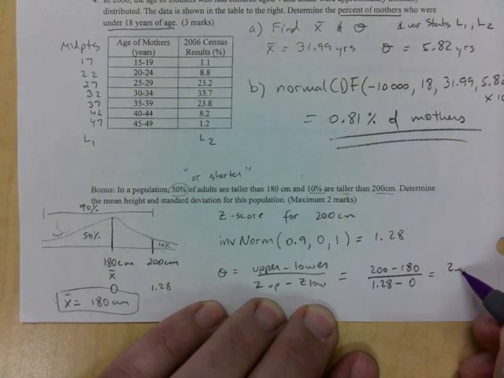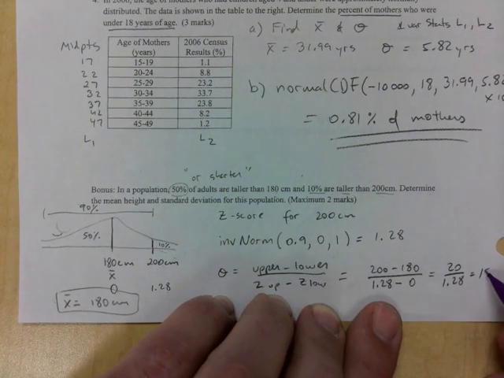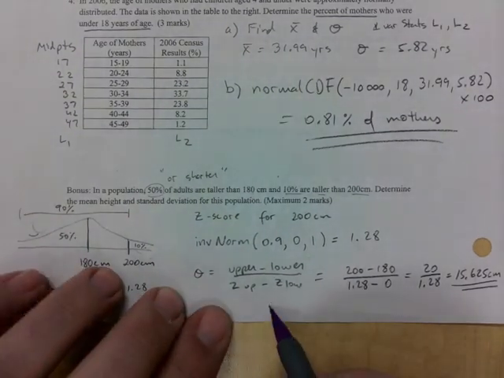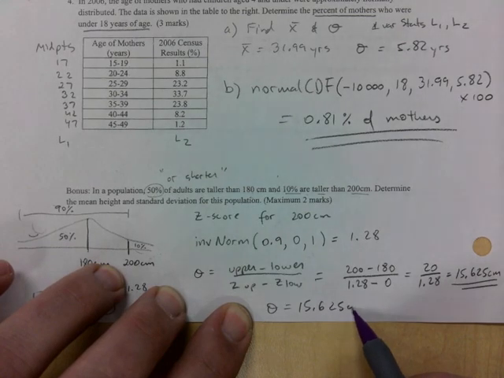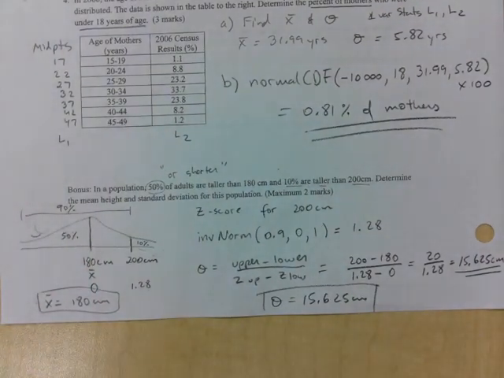So you end up with 20 over 1.28. And we're going to do that, divide it. That's 15.625 centimeters. That is our standard deviation, 15.63 or 625, you name it. That's what that is. Okay.